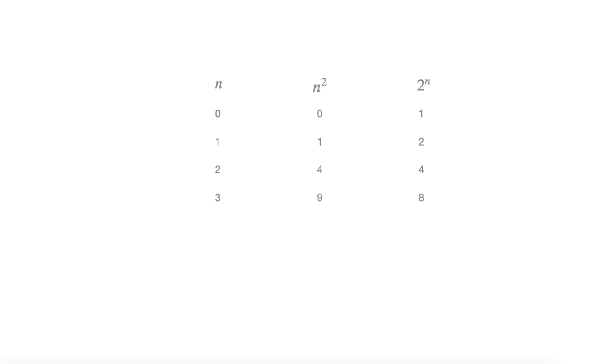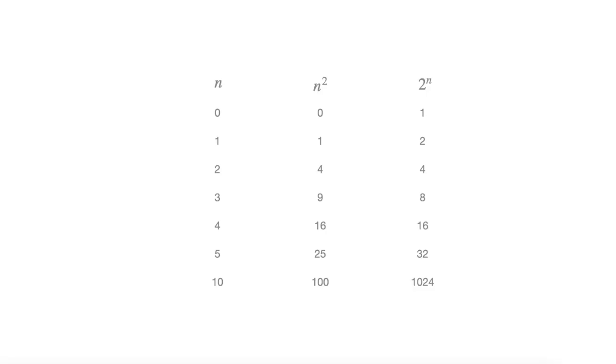Let's take a few more points, right? So for 4, I have it equal, but then for 5, I have 25 versus 32. And as it turns out, after this point, we always have 2 raised to n greater than n squared. And the reason for that is 2 raised to n grows at a faster rate as n increases than n squared does.